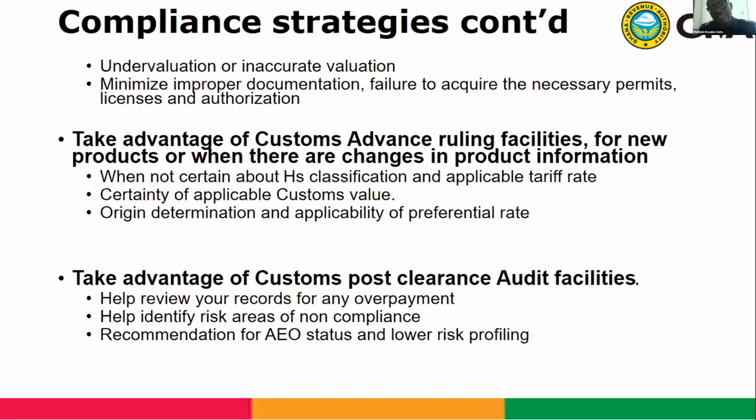It will also prevent undervaluation or inaccurate valuation, either on your part or on the part of customs, so that you will be able to pay the appropriate tax. It will minimize improper documentation when you get the right professionals or employ persons with the requisite skills.